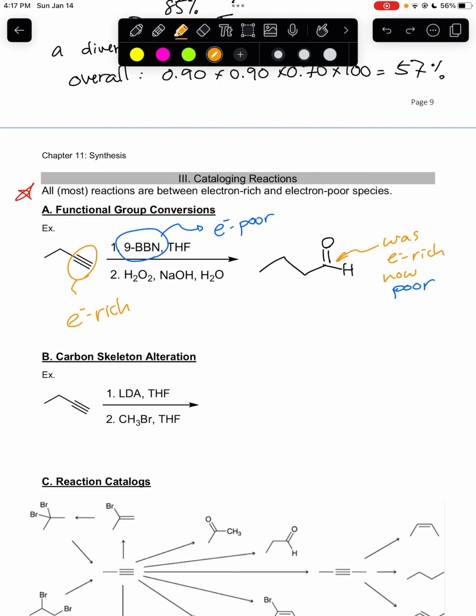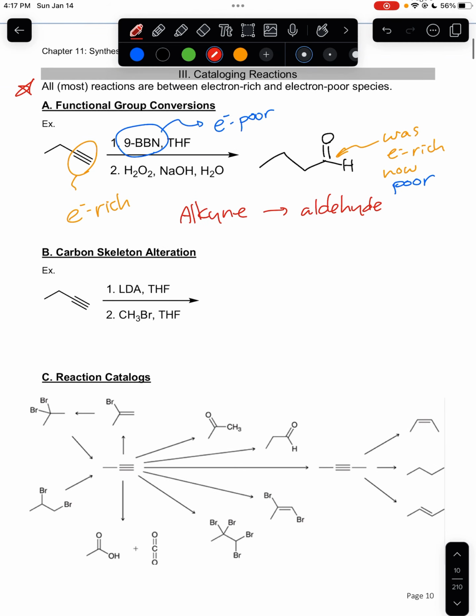We just wanted to go from alkyne to aldehyde. That's what we did. But the skeleton of the compound is still the same. I want you to note how we had 4 carbons in a row in the starting material, and you still have 4 carbons in a row in the end.